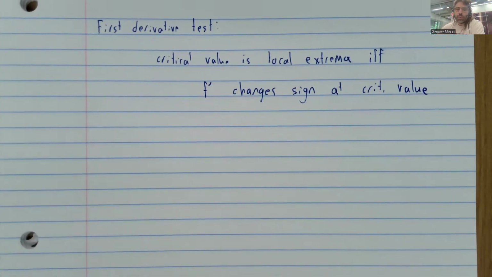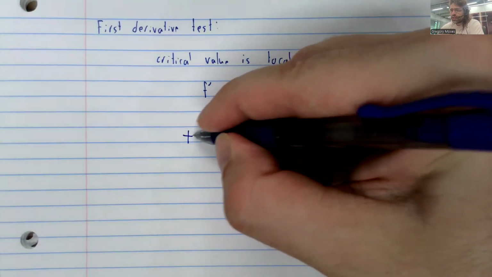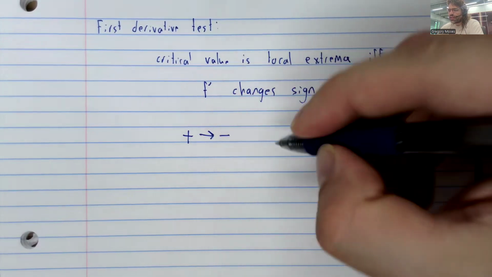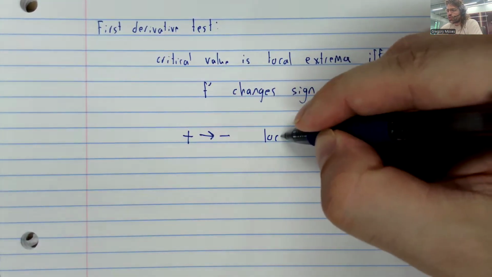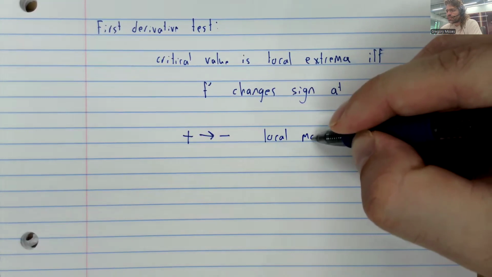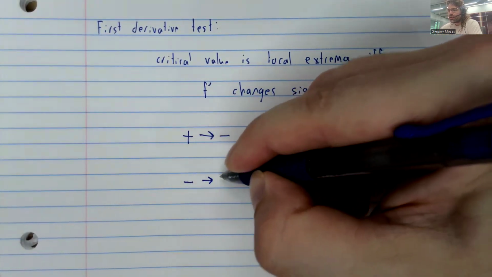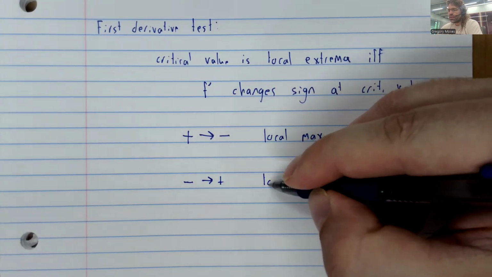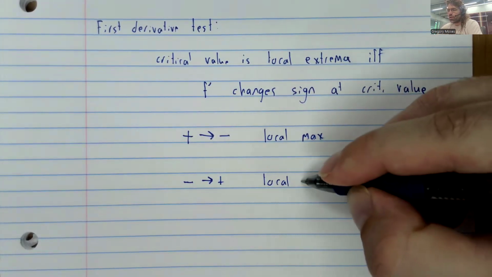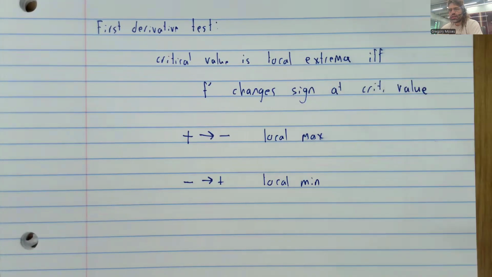And we can say more than that. If the derivative goes from positive to negative, it's a local max. If it goes from negative to positive, it's a local min.